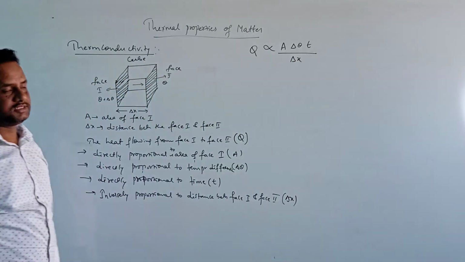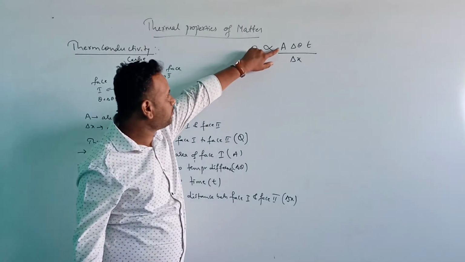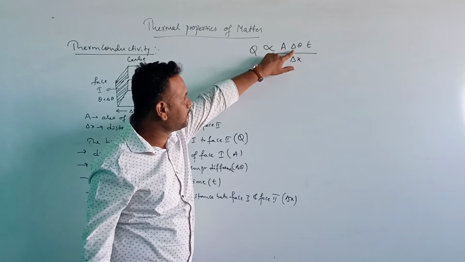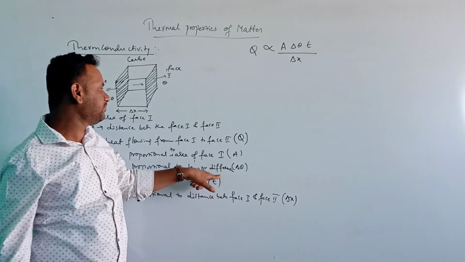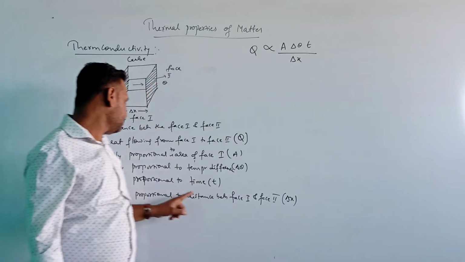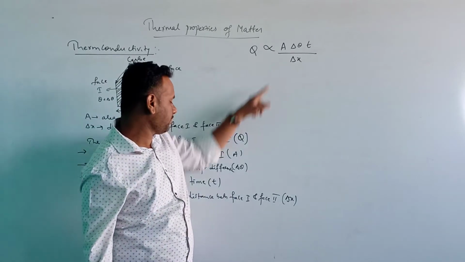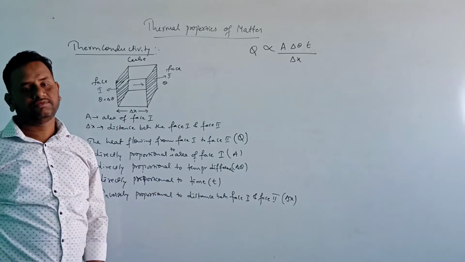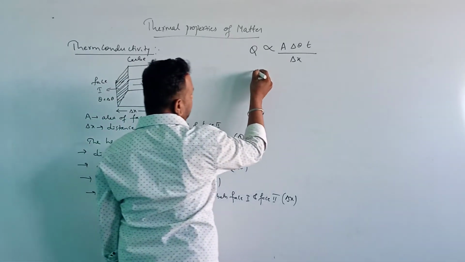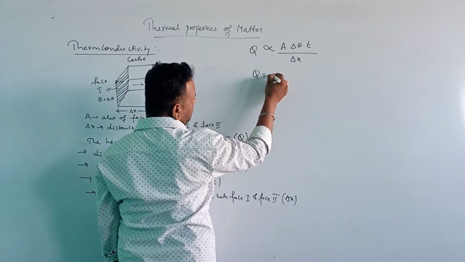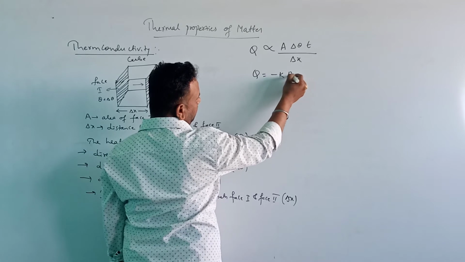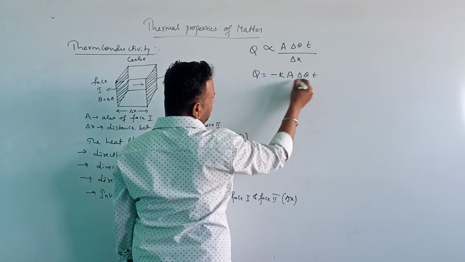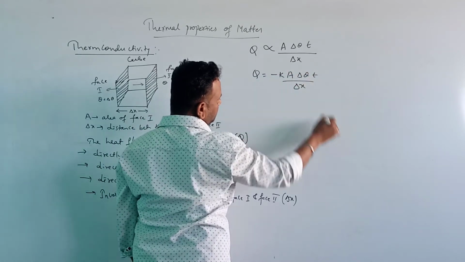So, removing the proportionality sign and introducing a constant, we get Q equals minus K A delta theta t divided by delta x.